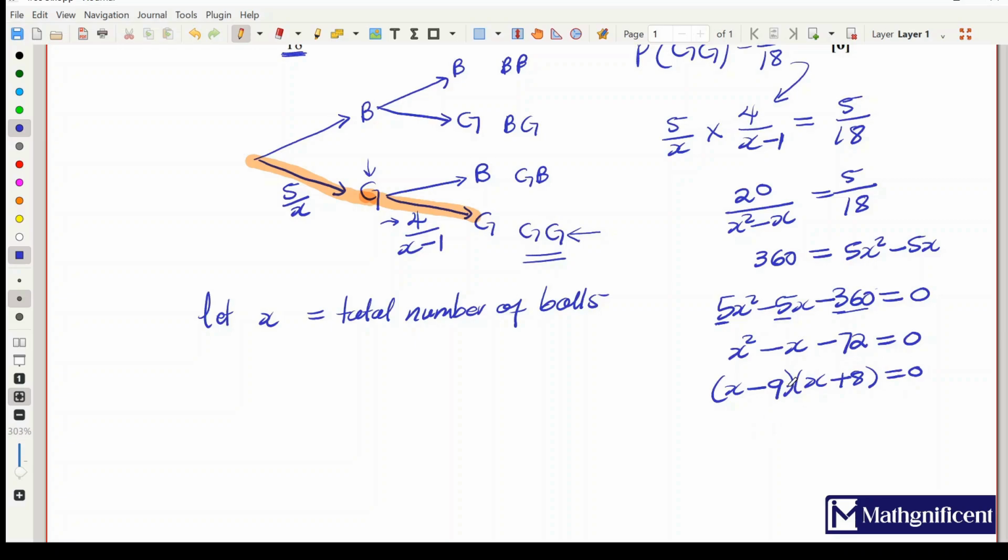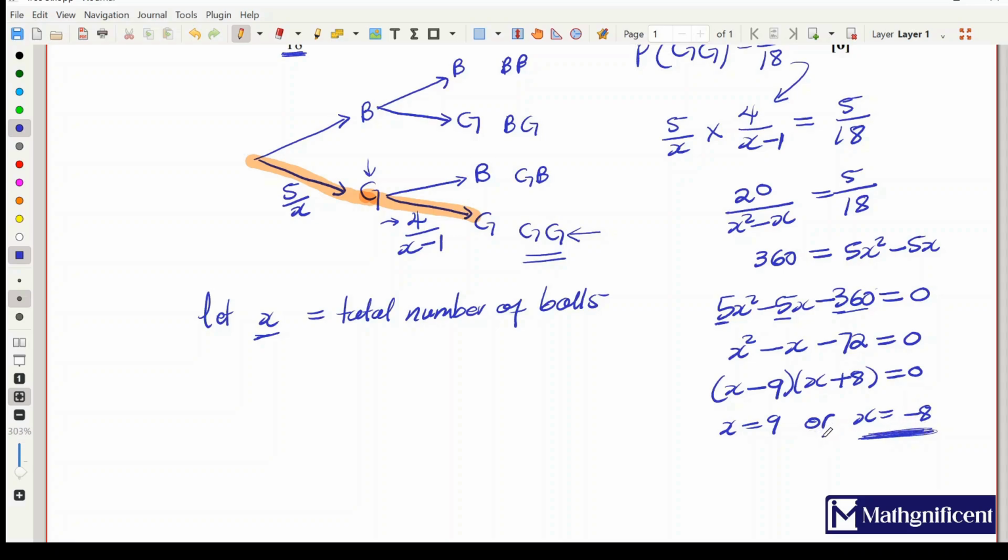So this is what we have here. Then how do we deal with this? Remember, we know that either x is equal to 9 or x is equal to negative 8. But remember, since we said that x is the total number of balls, we don't actually expect to have what?